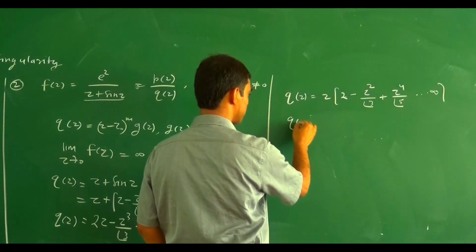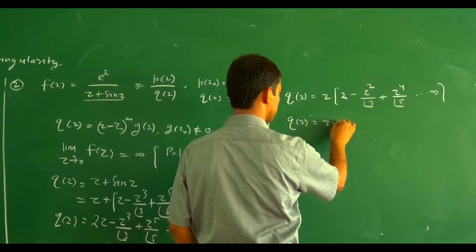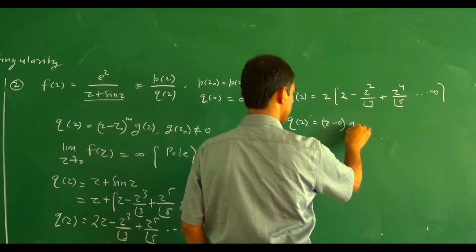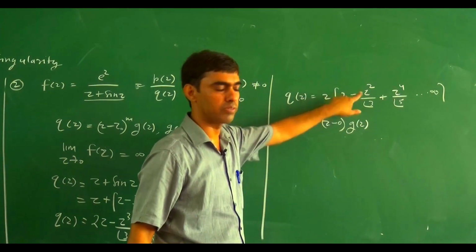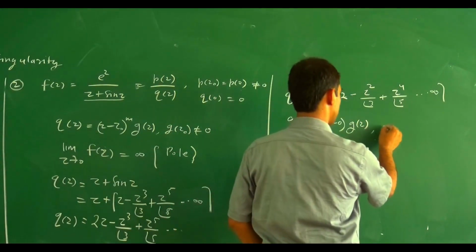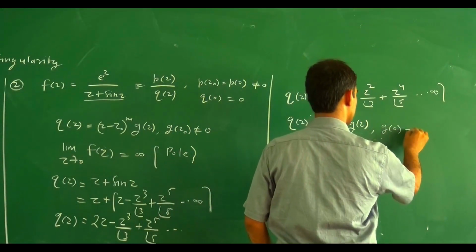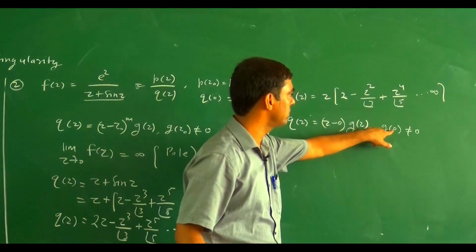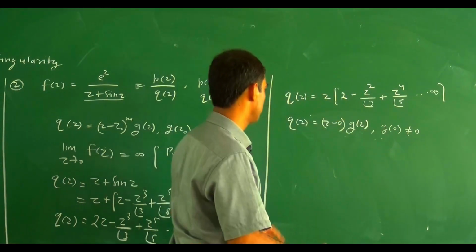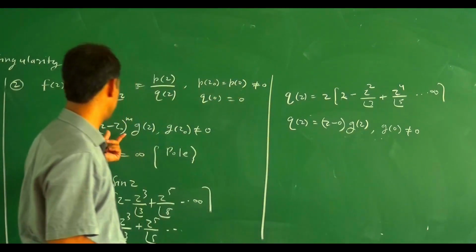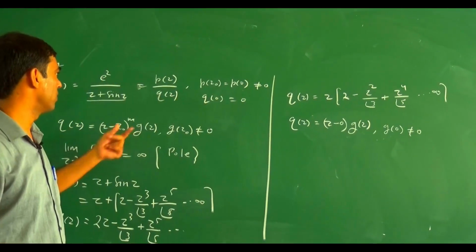If we closely observe, this one is (z minus 0) and this one becomes G(z). At z equals 0, this one does not equal 0. So G(z0) does not equal 0 because the value of G(0) becomes 2. So we are able to write Q(z) in this form.